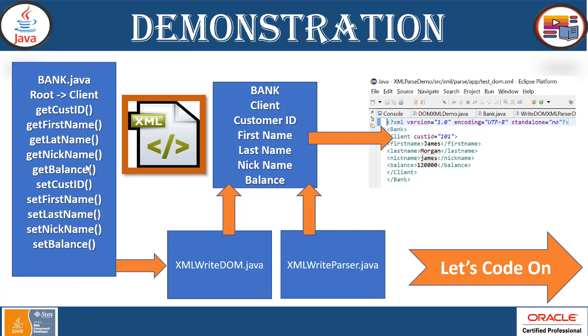That class will be called Bank.java. Then, when we use the DOM XML parsing API, we are going to have a class for the DOM API, and in that class file we are going to use all the classes and objects from the API. Once this executes, it will create your XML and write the content into it. Now let's take a look at the demonstration.